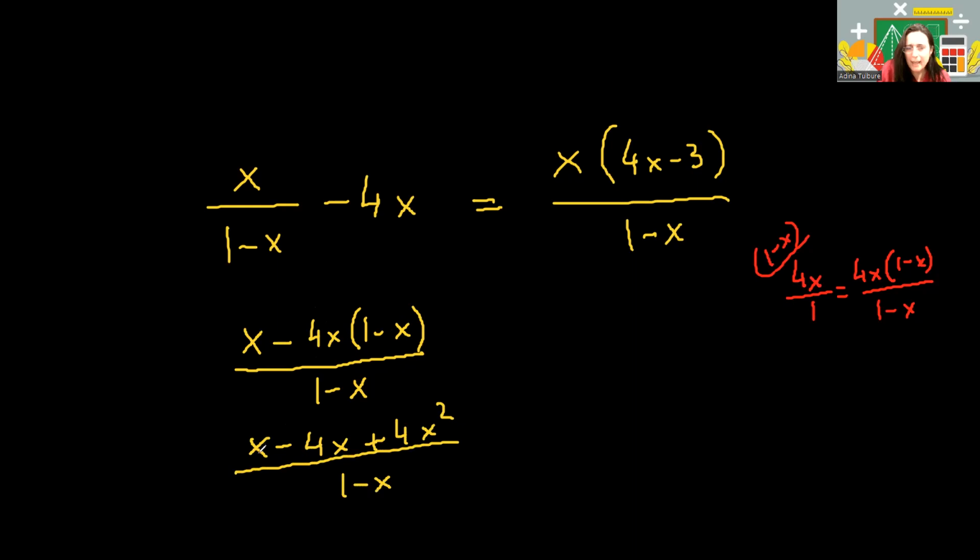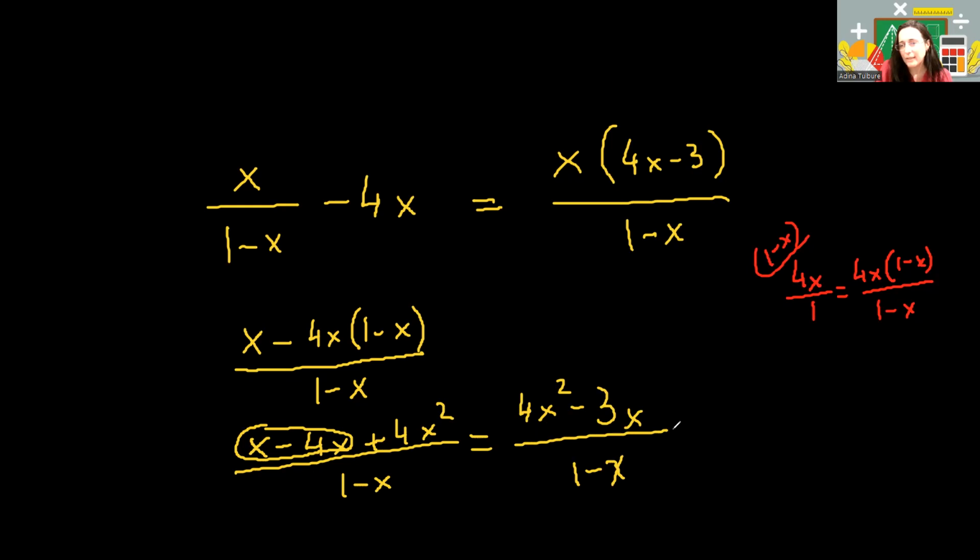But look at that, x minus 4x, yes, those two make minus 3x. So I can write this as 4x squared minus 3x over 1 minus x. Great.